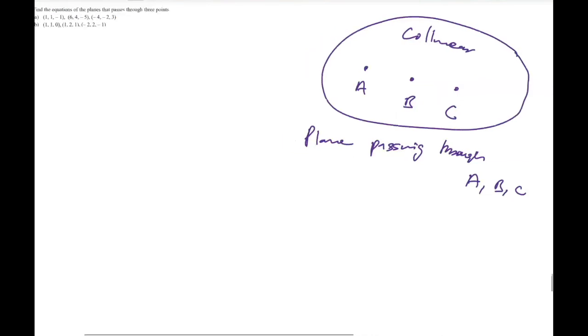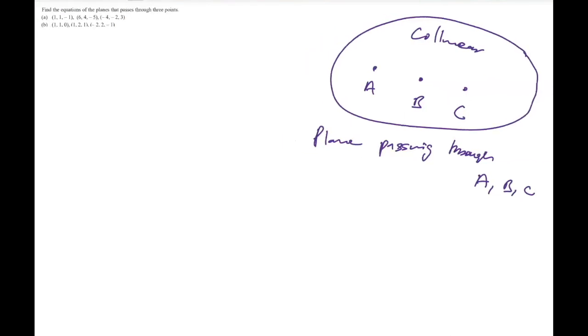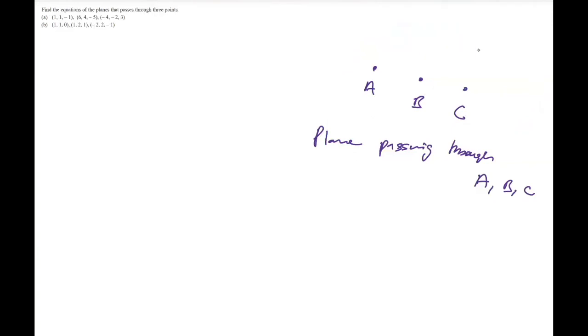We will have a unique plane only in case of 3 non-collinear points. Suppose I take 3 non-collinear points. See, these 3 are non-collinear points. Now how many planes can we have? Suppose these 3 points are lying on the screen, then how many planes?